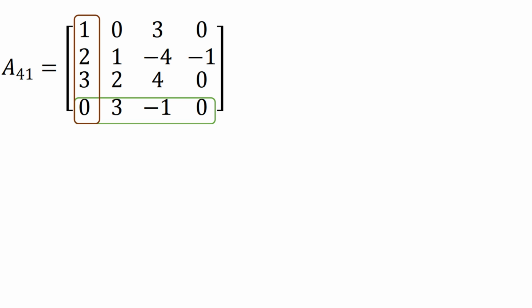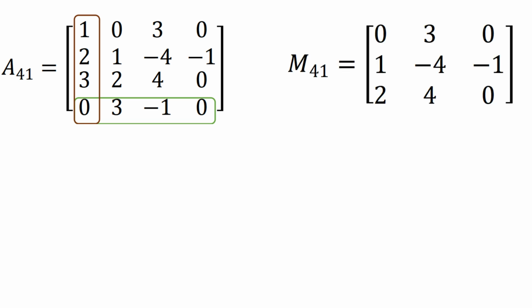So we are going to delete row 4 and column 1. Now we are going to compute the determinant of the submatrix, or the minor. So M sub 41 is equal to this matrix. Column 1, we have 0, 1, and 2. Column 2, we have 3, negative 4, and 4. Column 3, we have 0, negative 1, and 0.